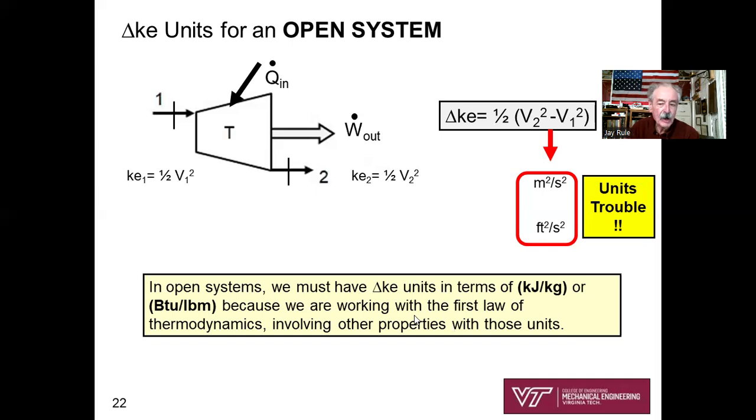And that first law for open systems involves properties with units of kilojoules per kilogram or BTUs per pound mass. So that's my little remark. We got to do a little more derivation of getting these units straight for the change in kinetic energy for an open system. But I do want you to see that delta ke is very similar for an open system and closed system in terms of units.